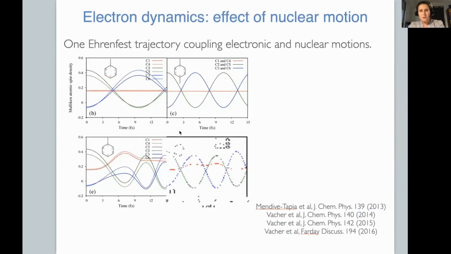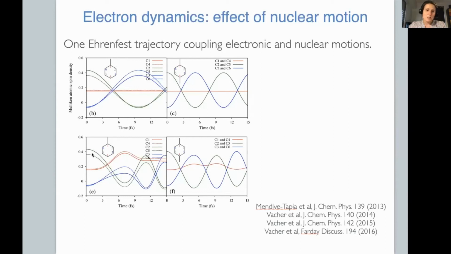So now to actually show you some results about the effect of the nuclear motion. I'm comparing pure electron dynamics on the top row with Ehrenfest trajectories on the bottom row, so with the nuclei moving, for, on the left-hand side, toluene, and on the right-hand side, paraxylene.